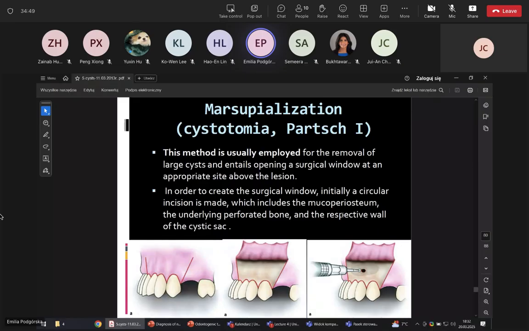Marsupialization, part 1. This method is usually employed for the removal of large cysts and entails opening a surgical window at an appropriate site above the lesion.